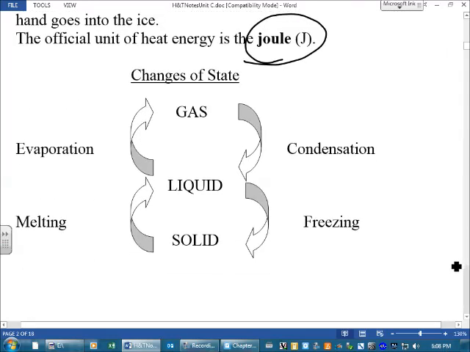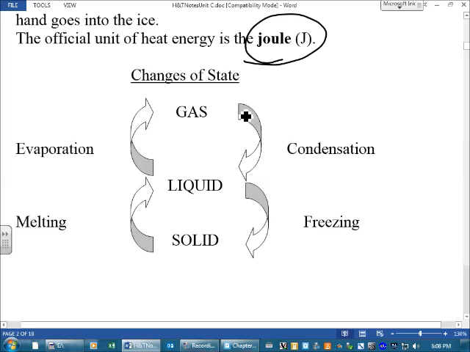The next thing we're going to look at is changes of state. So things that are solids don't stay as a solid. Sometimes if they gain enough heat energy or thermal energy, they become a liquid. We call that melting. Okay? If a liquid is gaining heat, if it gains enough heat, it will become a gas. We call that evaporation.